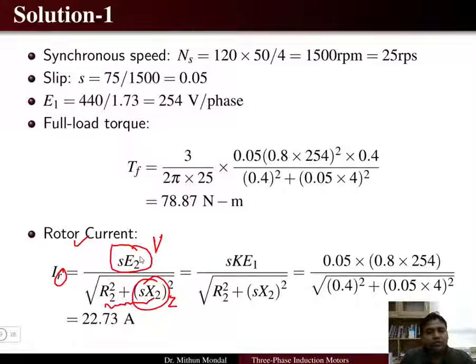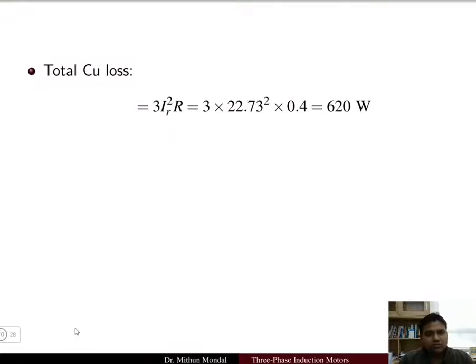Now the value of E2 can be written in terms of E1, that is K into E1, and after substituting the appropriate values of the slip, E1, R2, X2, we get the rotor current as 22.73 ampere. So this is the rotor current which we have got.